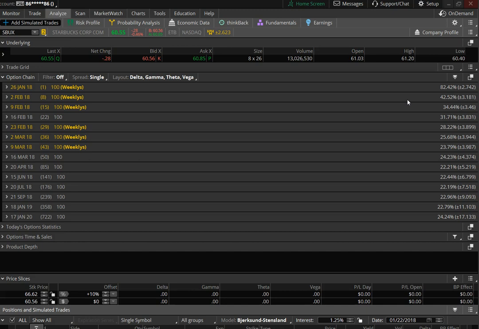Okay, question: what about the other side of the 68%, the 32% that it goes outside the range? One standard deviation is 68%, and then two standard deviations is 95%. So we go from 68 to 95. That means that 95% of the time, price will be within the range of two standard deviations.